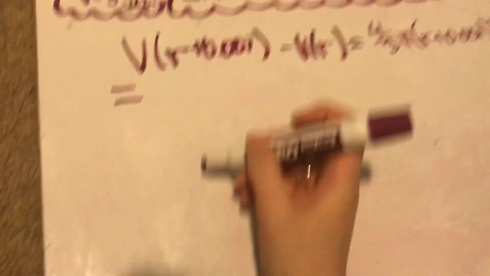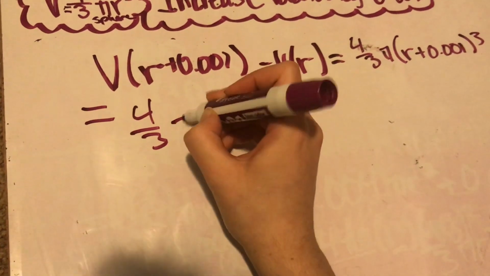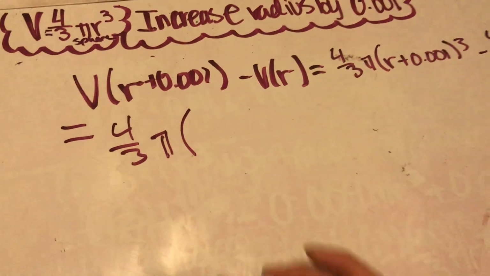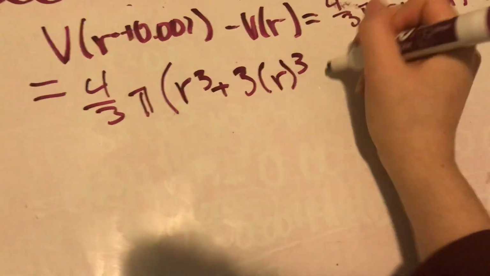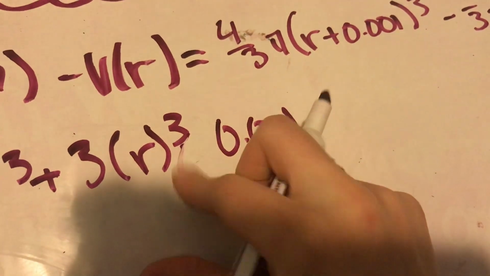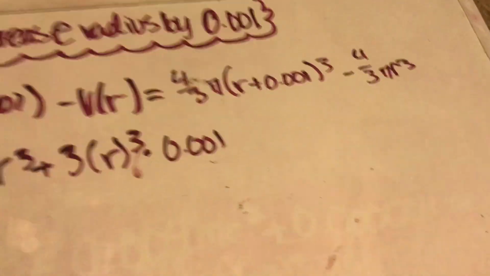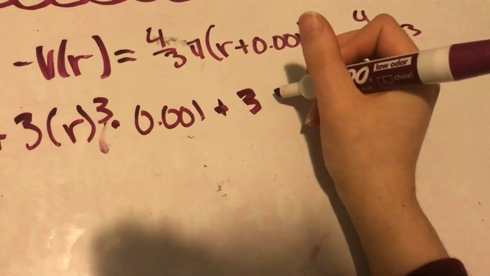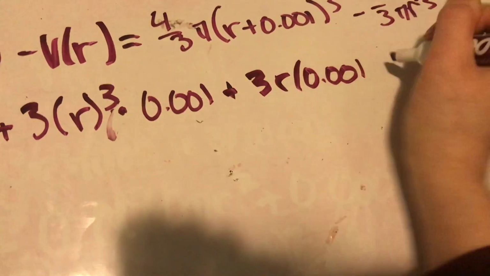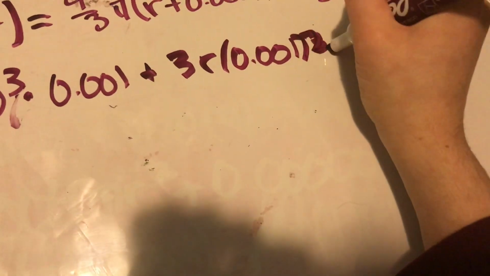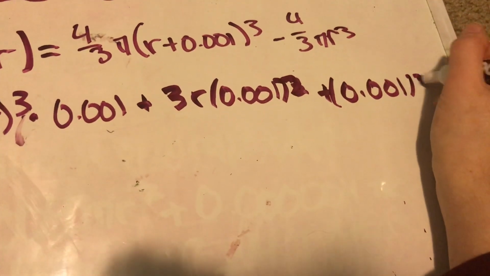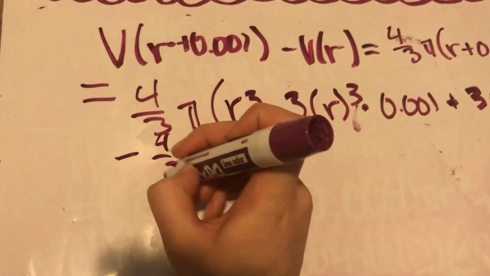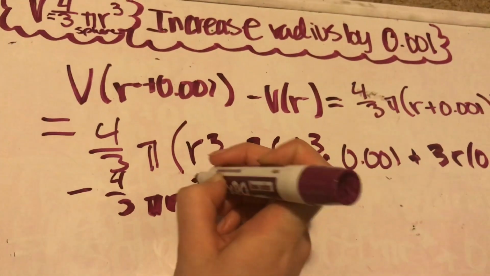Now, this is going to be equal to 4 thirds pi times r cubed plus 3 r squared times 0.001 plus 3r times 0.001 squared, plus 0.001 cubed, then that's minus 4/3 pi r cubed.